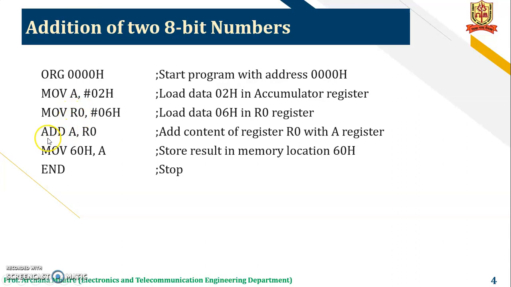Then ADD A, R0, which adds the content of the accumulator with the content of R0. After this instruction, the result will be stored by default in the accumulator register. So move that result into the 60H memory location. Then end of the program.